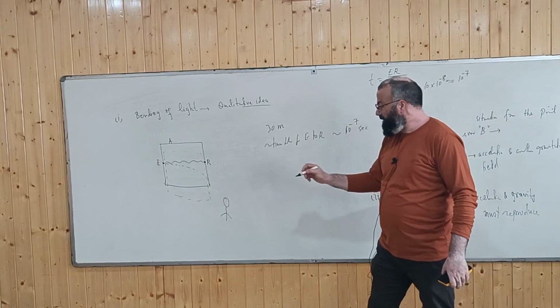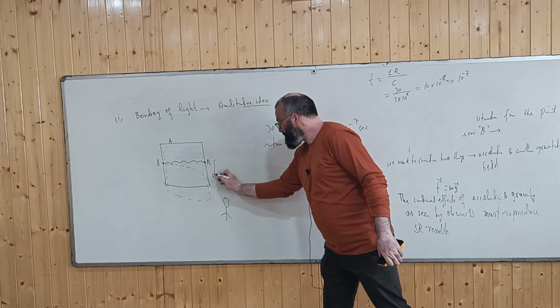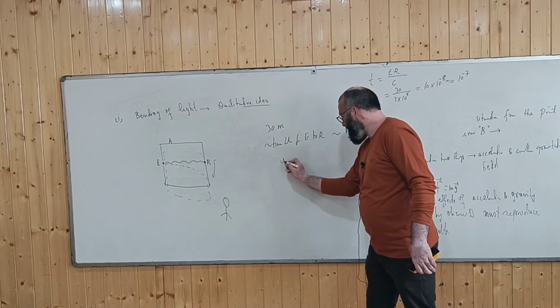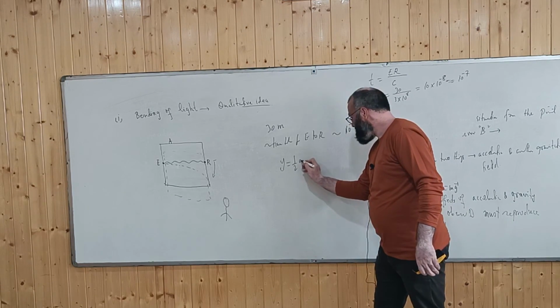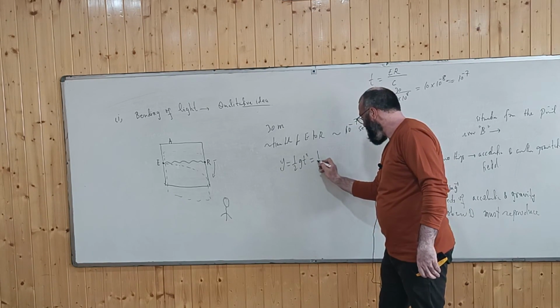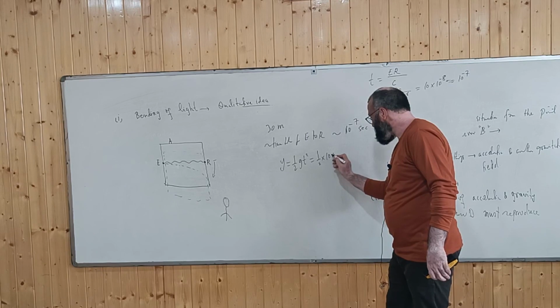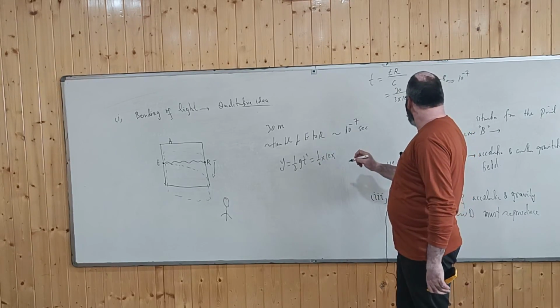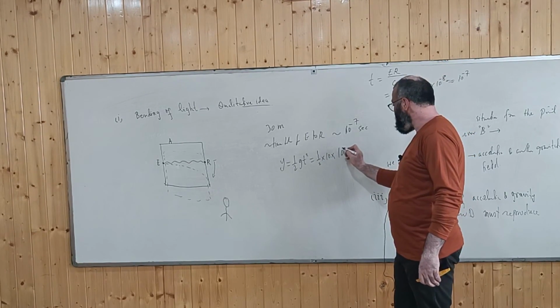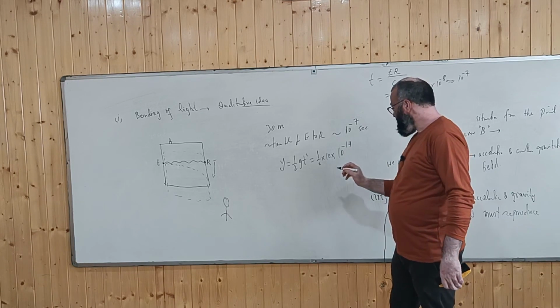Now let's calculate through how much height it falls. y is equal to half g t squared. Let's take g as 10. t squared is 10 raised to minus 14.